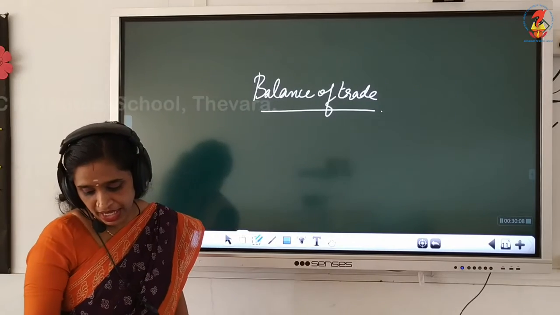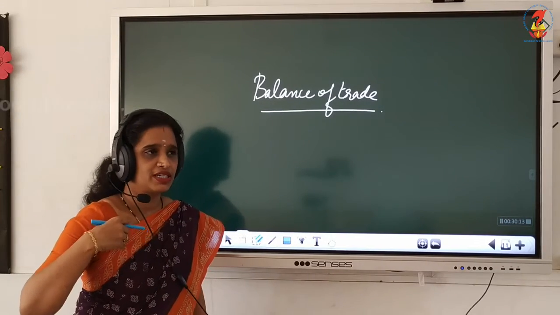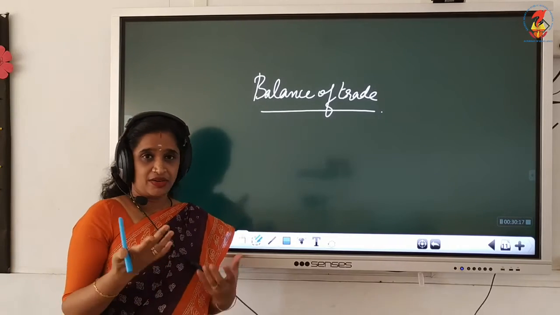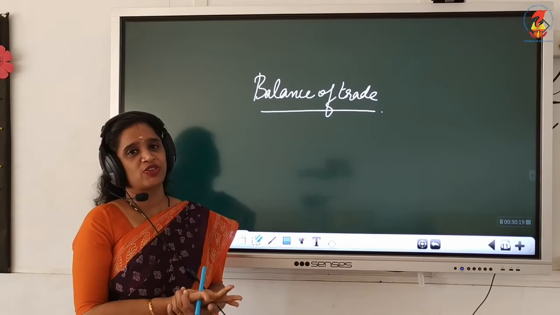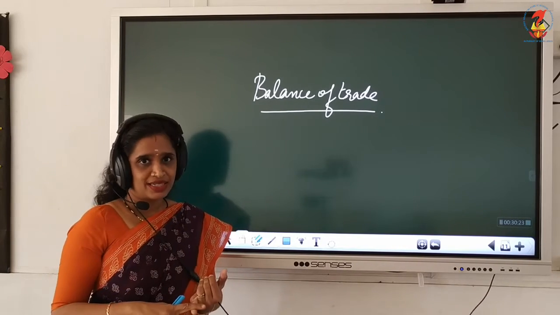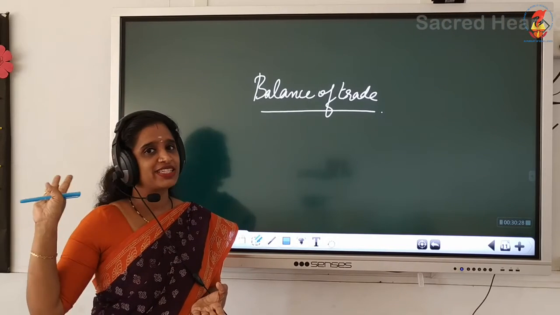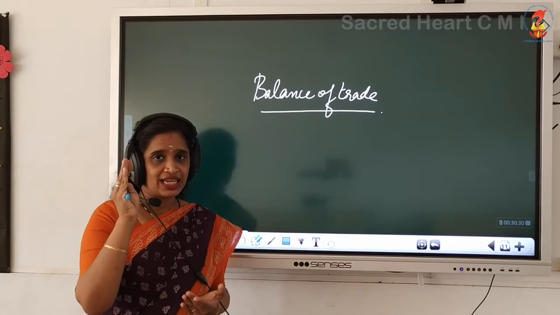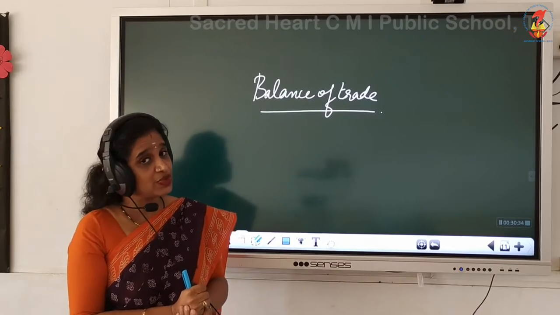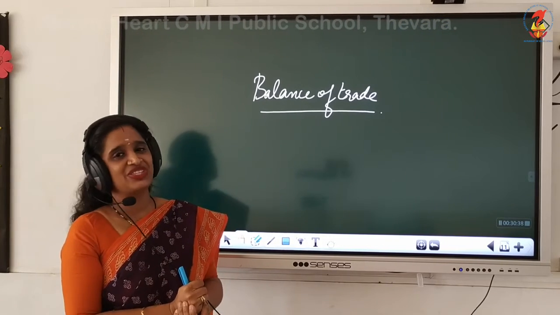What is meant by balance of trade? Now, you all have learned about the components of balance of payment. What are the economic transactions of balance of payment? We can recollect it one by one: the visible items, invisible items, unilateral transfers and capital transfers. In that, the first component is visible items. What is visible items? Which can be touched, which can be measured, which can be seen.